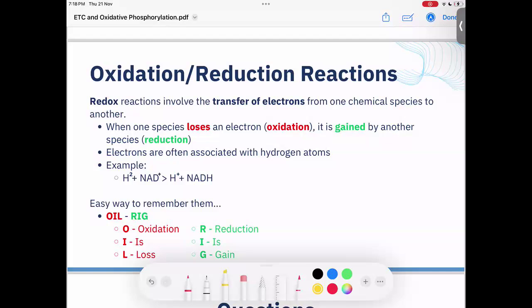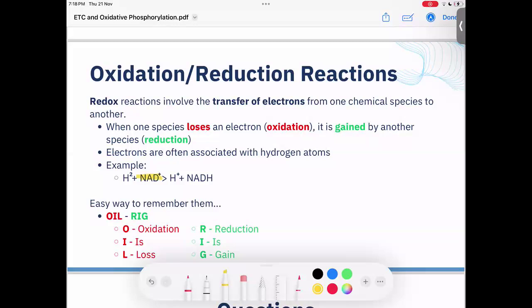So what happens over here is that we have NAD+. Sorry, guys, this is actually supposed to go here. So we have the NAD+, which needs an electron, and then we have the H2, which is going to lose an electron. So what happens here is that the NAD+ gains an electron by gaining a hydrogen atom, and then the H2 loses an electron by losing a hydrogen atom.